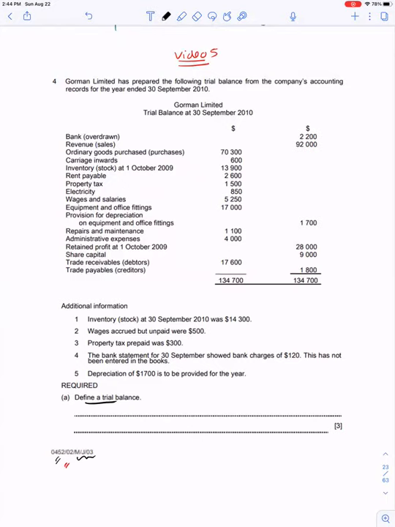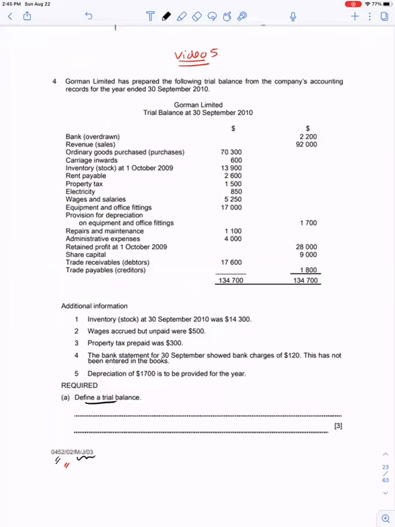A trial balance is a list of balances of the accounts in the books or ledgers at a particular date, and it is used to check the arithmetical accuracy.